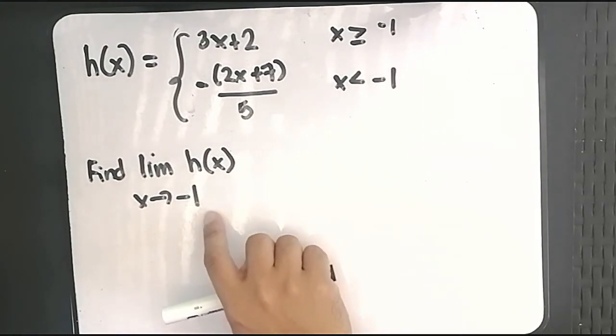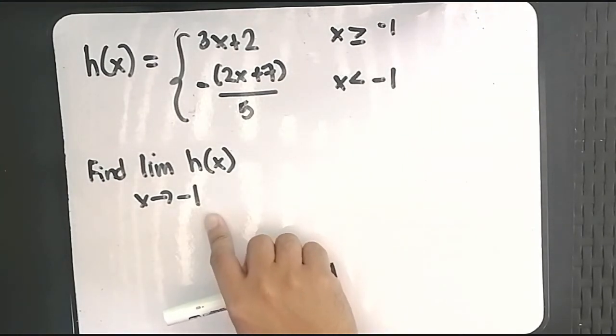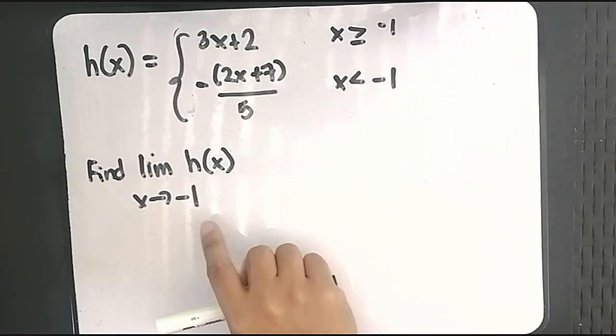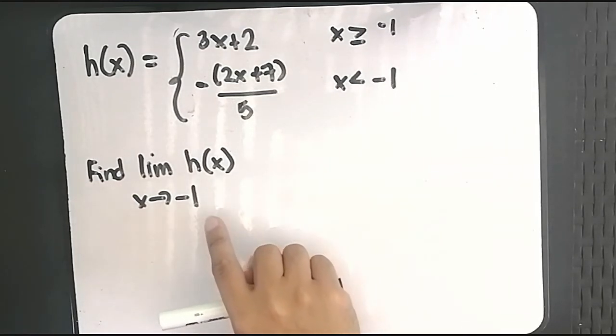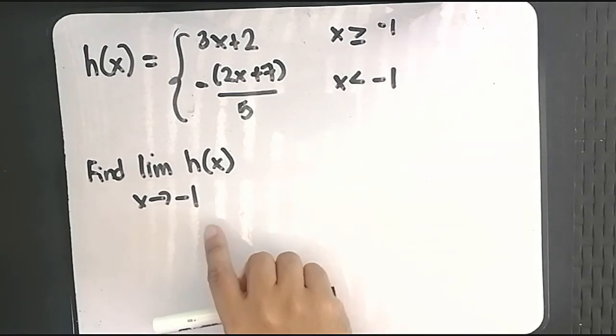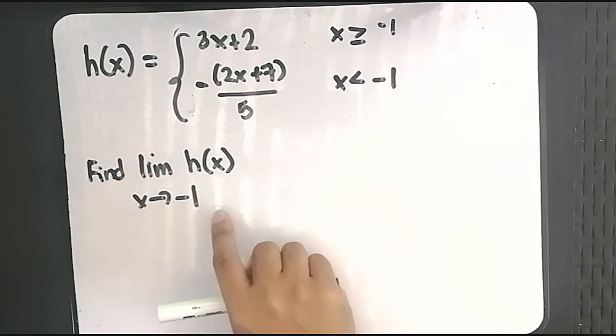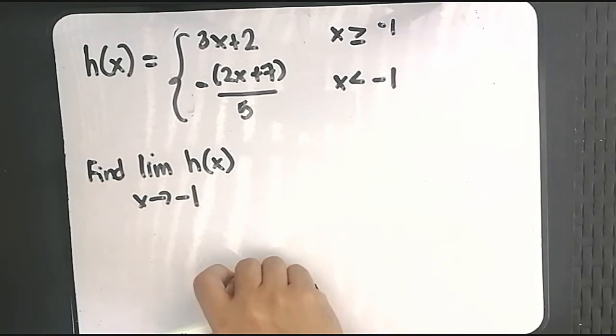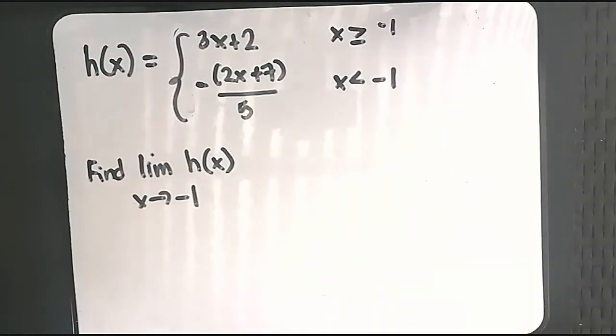But we are looking for the two-sided limit. So what shall we do? So we have to find the one-sided limits at tignan natin kung equal nga ba sila. At kung equal sila, yun na din ang limit ng h of x natin as x approaches negative 1.